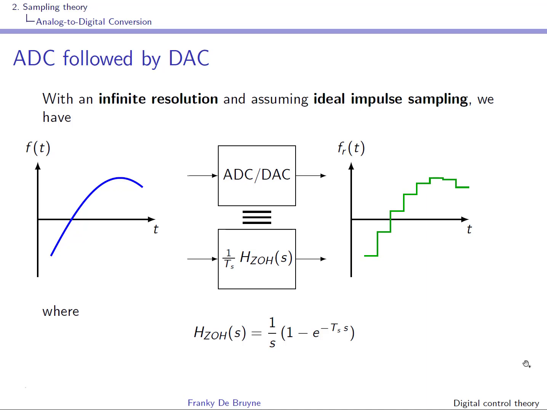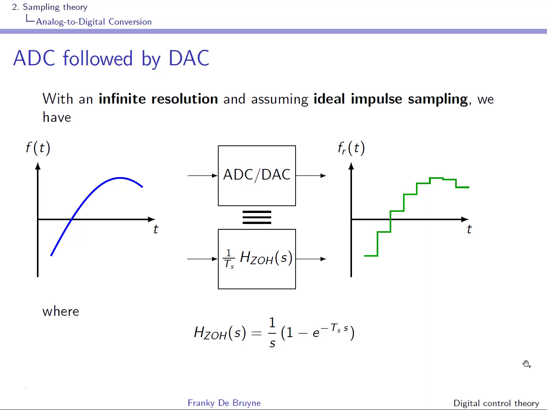In this slide what we do is analog to digital conversion followed directly by the reverse conversion, digital to analog conversion. So we make a number of assumptions. We assume that the quantization step is ideal, so we use a quantization grid that has an infinite number of levels, and we assume that the sampling is done using an ideal sample and hold.